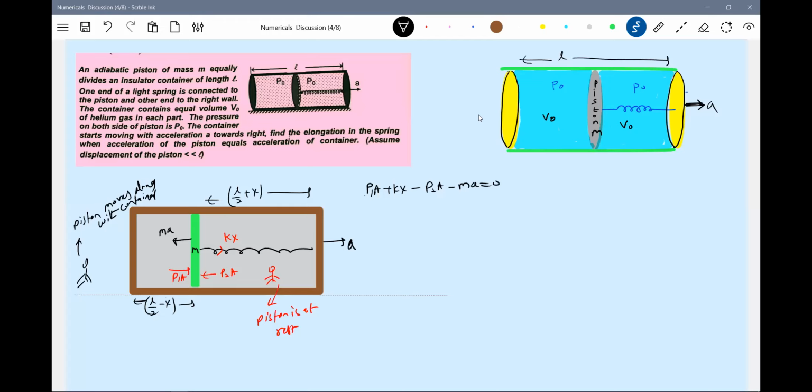Now, what process will the gas undergo in both the parts? Anybody wants to reply? Because that is very important to write the equation.